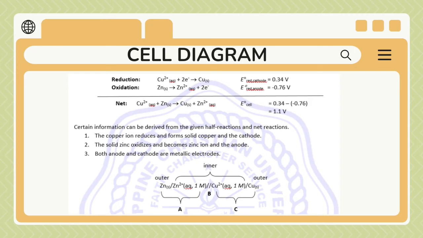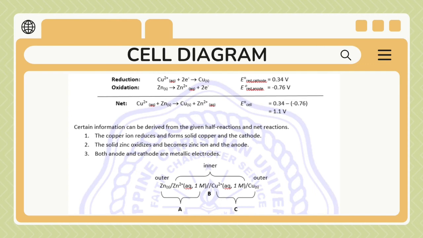For the oxidation we have Zn produces Zn2 plus plus 2 electrons, and the E of the anode is negative 0.76 volts. For the net reaction, we have Cu2 plus aqueous plus Zn solid produces Cu solid plus Zn2 plus aqueous. So for the overall E cell, or the cell EMF, we have 0.34 minus negative 0.76, so we have 1.1 volts.